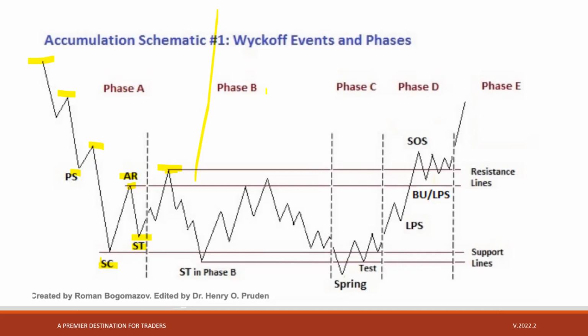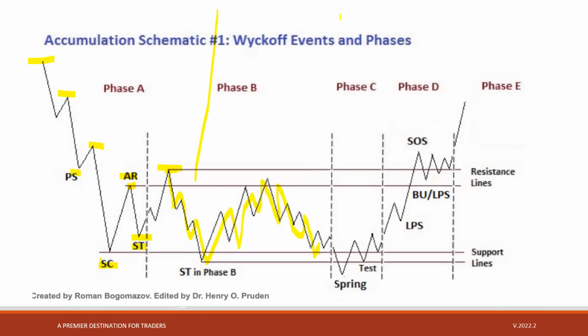He has to sell to cause price to come down to get you interested in selling, and then buy to make price go up to get you interested in buying. So within this range phase, the market would just be choppy, going up and down, and that's where you see what appears to be a ranging market.